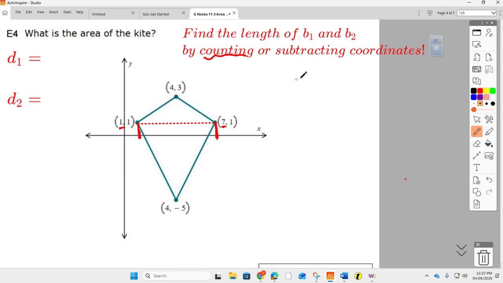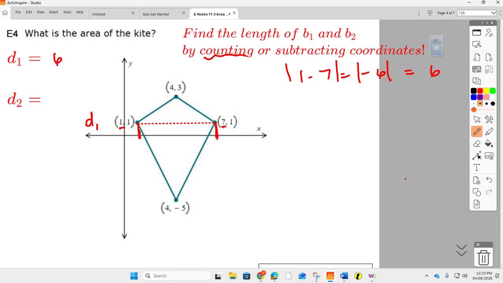So 1 minus 7 is negative 6. So remember, if we want the distance, it's the absolute value of that. So the absolute value of negative 6 is positive 6. The distance, the length, is always going to be a positive. So if this is our diagonal 1, its length is 6. Does that make sense? That makes sense, Gabrielle?